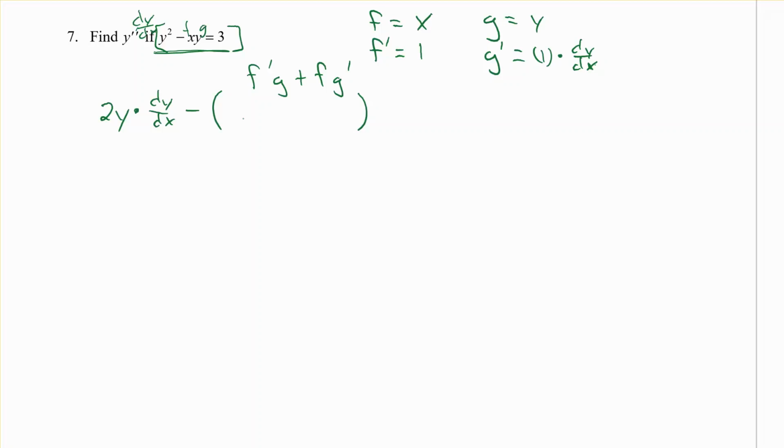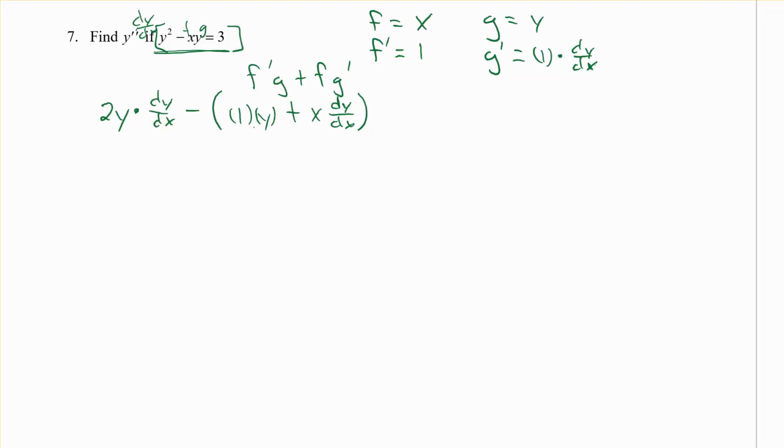F prime, the derivative, was 1. G was y, plus f was x, and then g prime was the derivative, dy/dx. Okay, and now I'm just going to clean this up because it's kind of hard to see what I need to do with this.